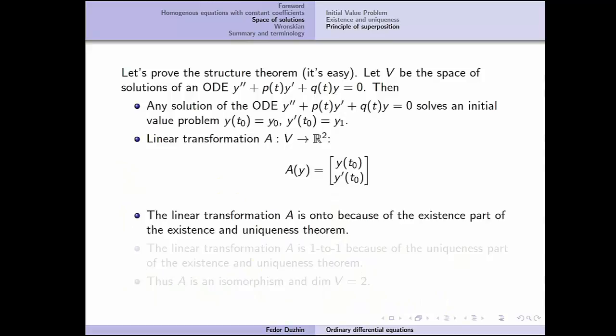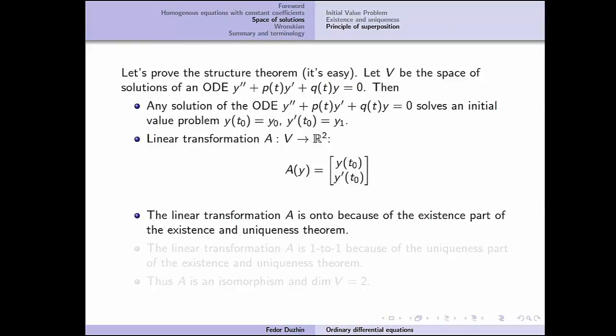Alright, so the point is that this linear transformation is an isomorphism. First it is onto because of the existence part of the existence and uniqueness theorem, right? Since every initial value problem has a solution, it means that if I give you any vector from R2, then there is a solution with such an initial condition.